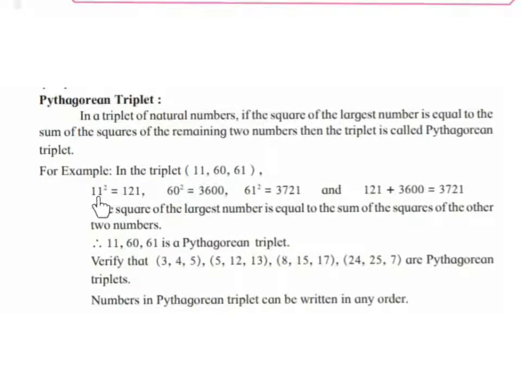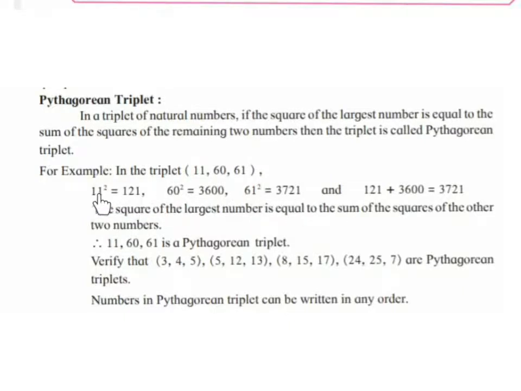Let's see. 11 square which is equal to 121. Square of 60 is 3600. Square of 61, that is 3721. So 61 is the largest number among these three numbers.